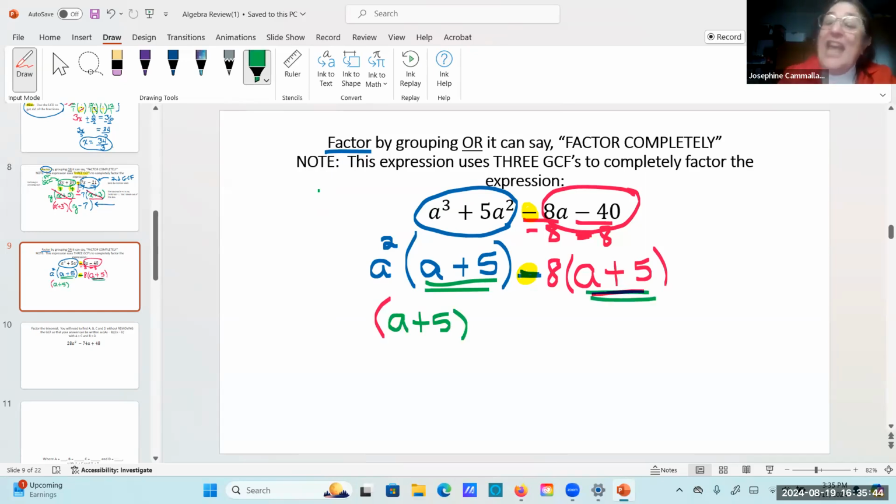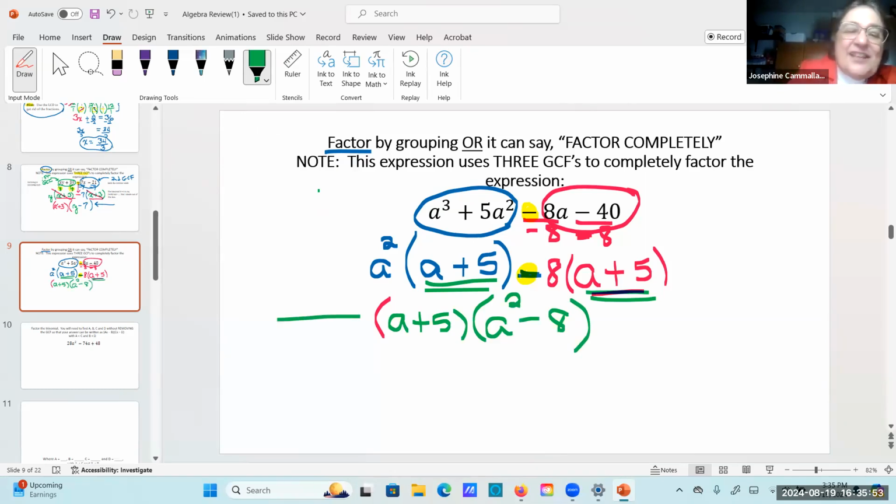This is the third GCF. And Jonathan, yes, this is a squared minus 8. This is my final factor. Now, someone just asked, could I have written a squared minus 8 and put a plus 5 in the back?